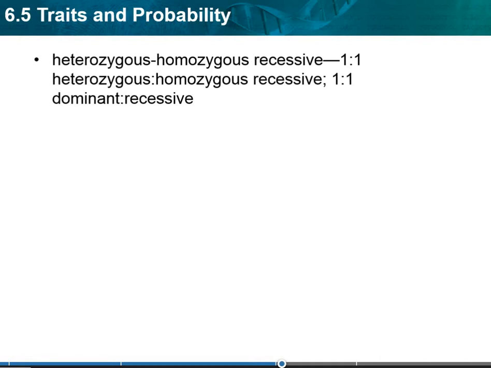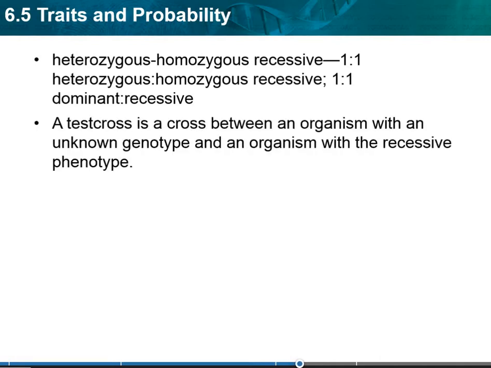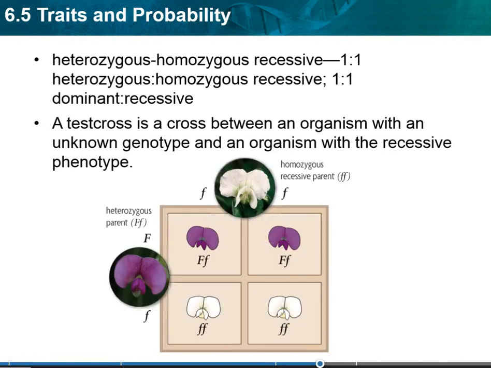When you have a heterozygous and homozygous recessive cross, it's going to be a 1 to 1 ratio for both the phenotypic and genotypic ratio. So a test cross is a cross between an organism with an unknown genotype and an organism with the recessive phenotype.